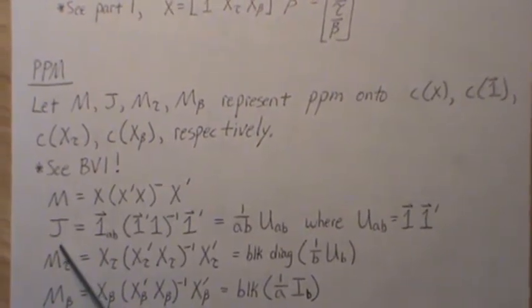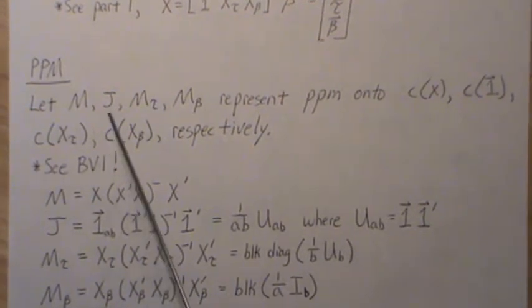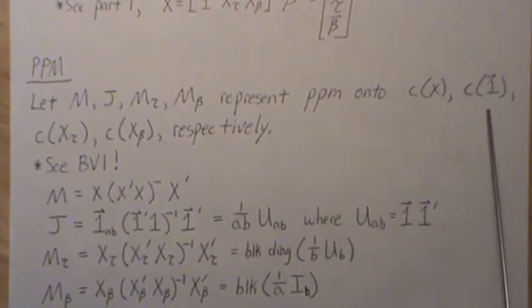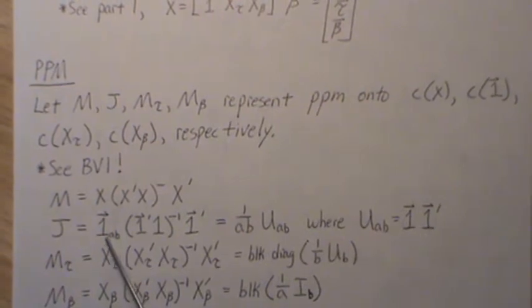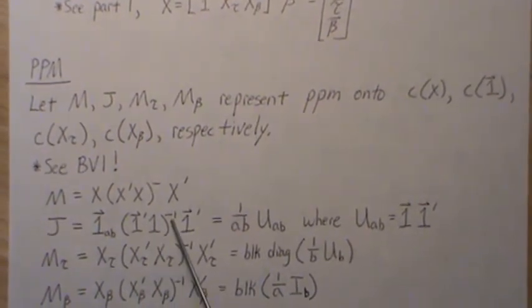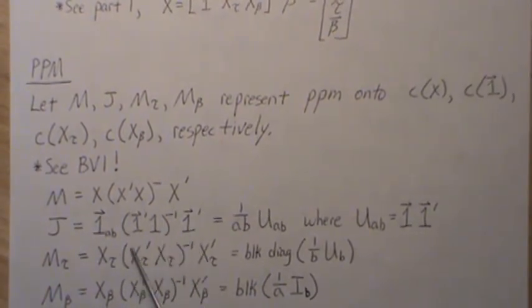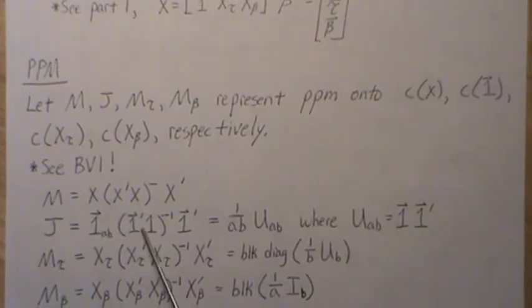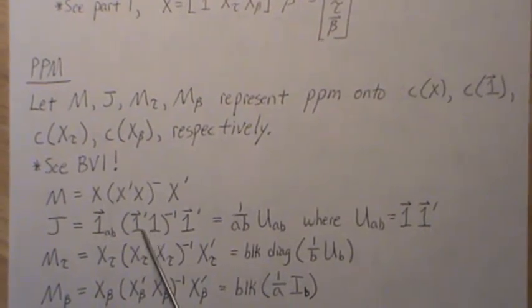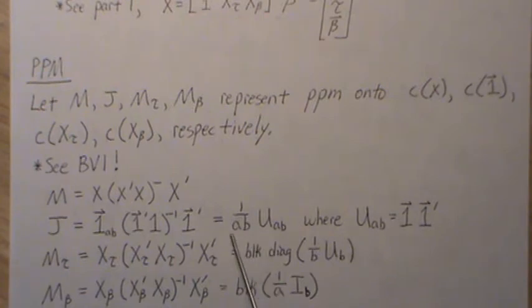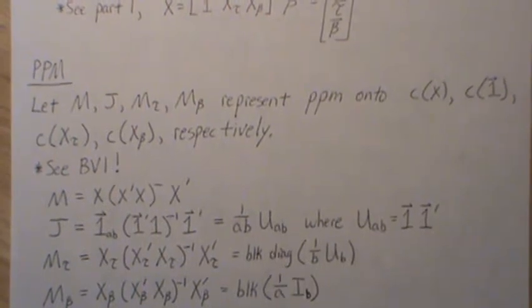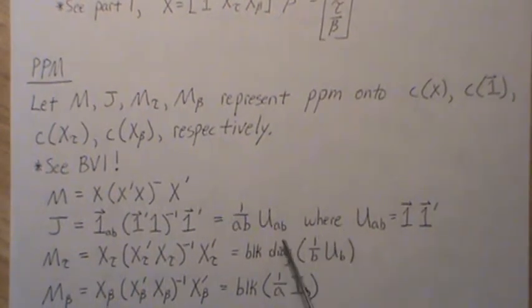M_J is the perpendicular projection matrix onto the column space of 1, so a 1 vector. And that's 1 (1 transpose 1) inverse 1 transpose. And this is a 1-by-1 matrix of AB. So when you take the inverse, you get 1 over AB. And then these two matrices create a matrix of all ones, which we call U_AB.